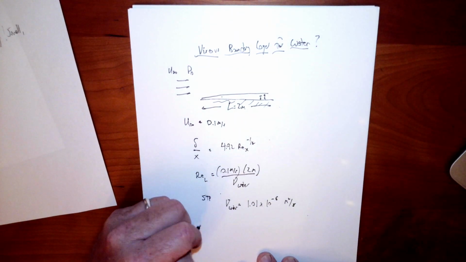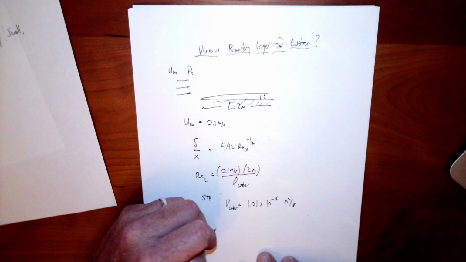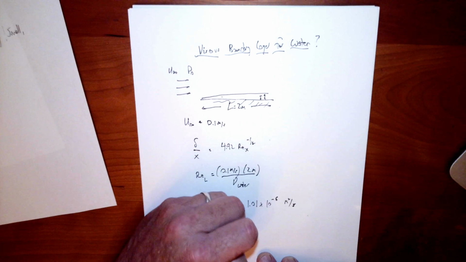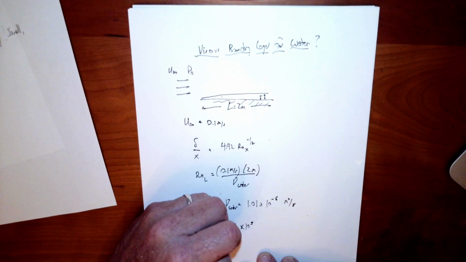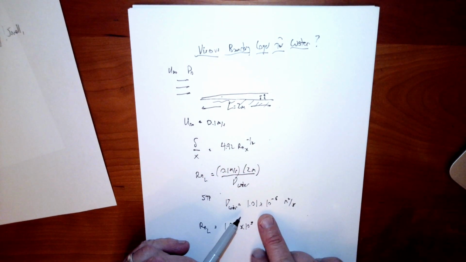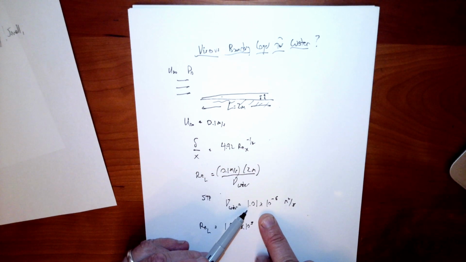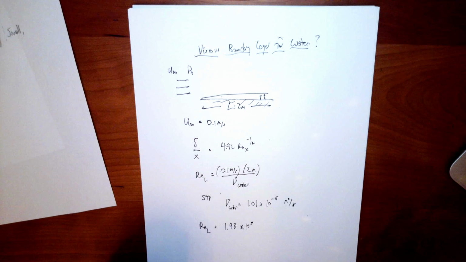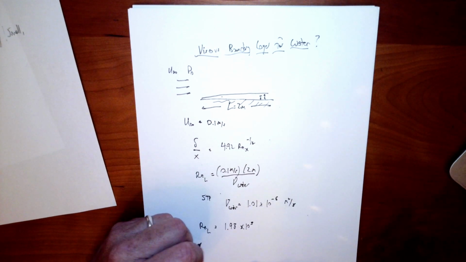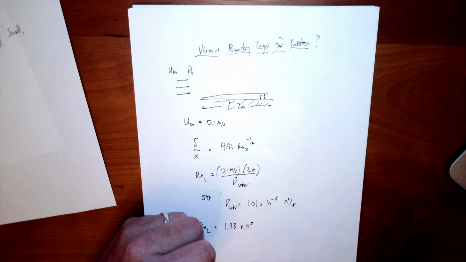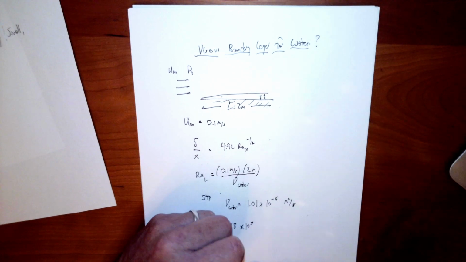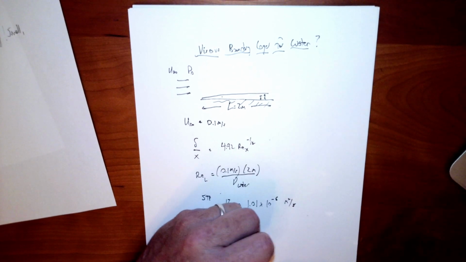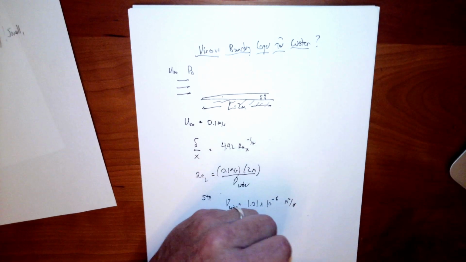So when we plug these into our Reynolds number, the Reynolds number here is going to be 1.98 times 10 to the fifth. So a similar Reynolds number to what we had before, because the viscosity dropped by a factor of 10, but we also dropped the velocity by a factor of 10. So that gave us a similar Reynolds number in the end. And when we calculate our delta based on that, we get delta equals L times 1.98 times 10 to the fifth, all to the negative 1/2 power, times 4.92.